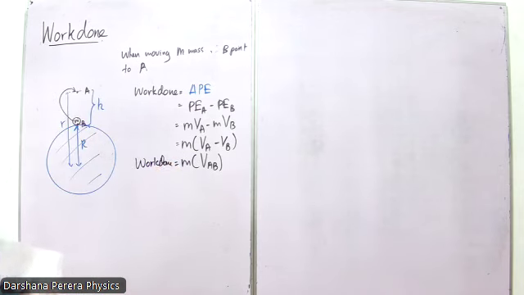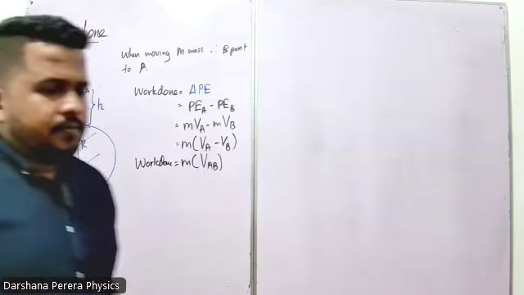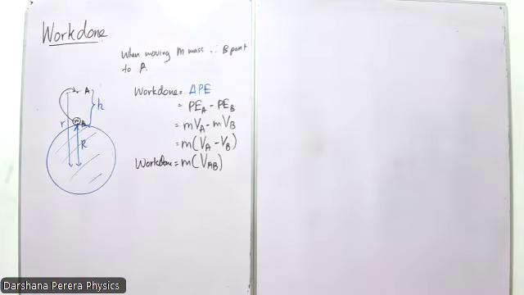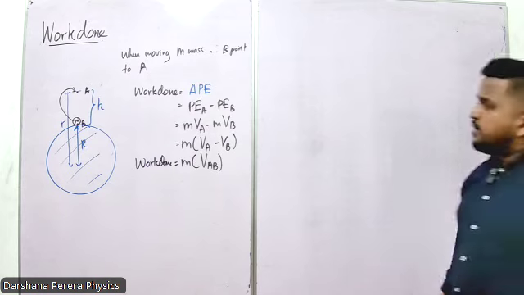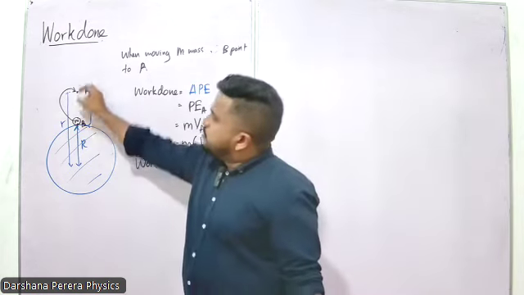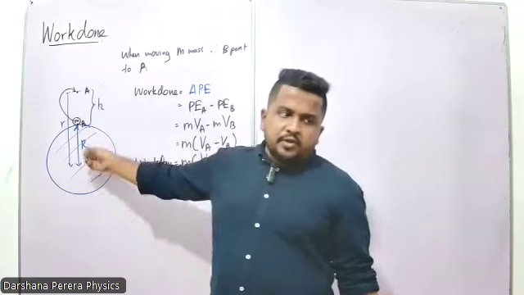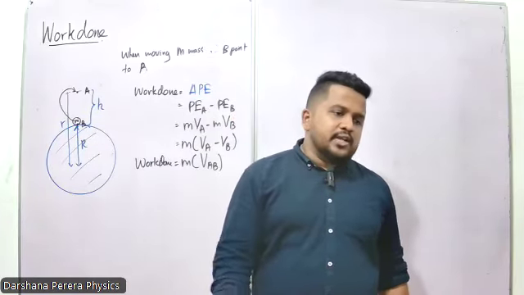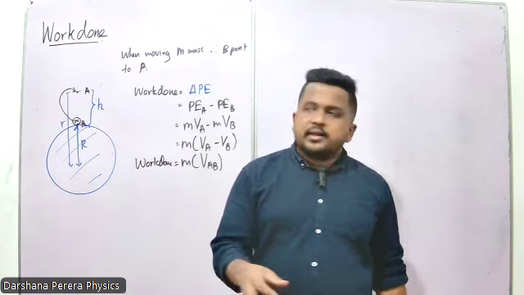Okay, first write down this one. But in mechanics, we know what the work done is. When placing the mass from this end to this end, when I transfer it, there is a potential energy gain.